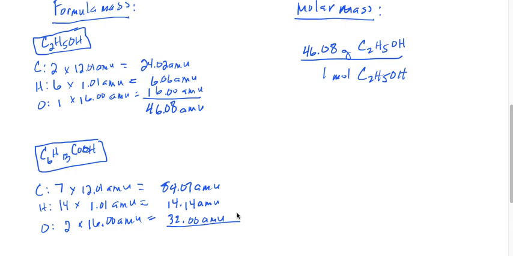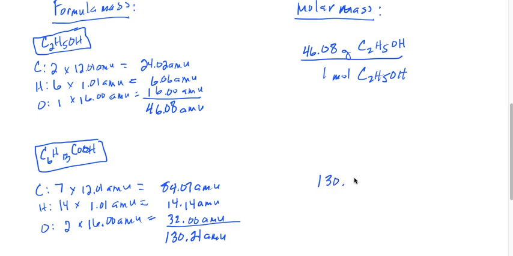So 84.07 plus 14.14 plus 32, you should get 130.21 AMU.